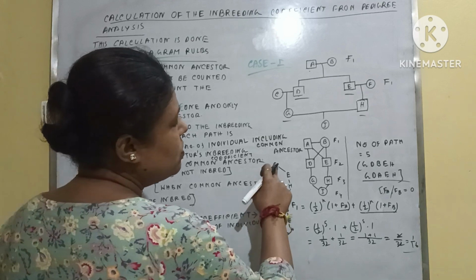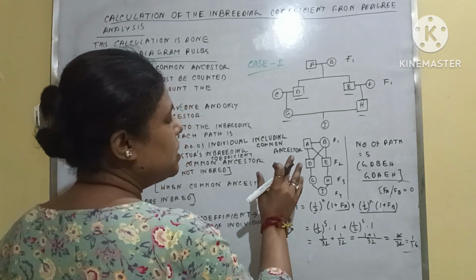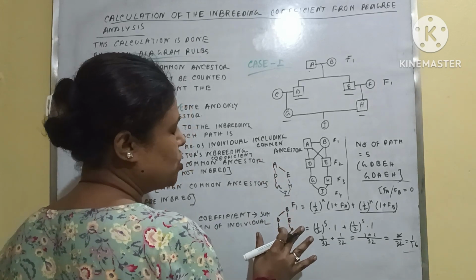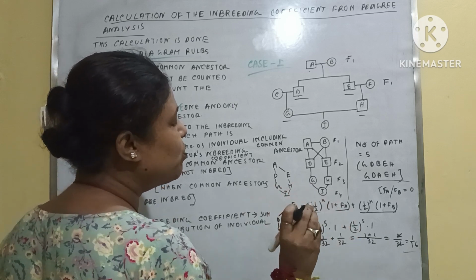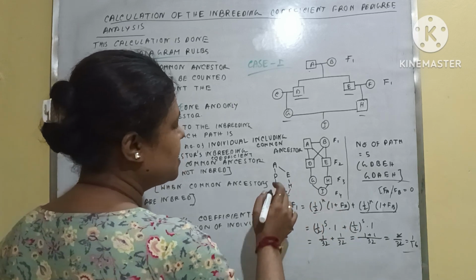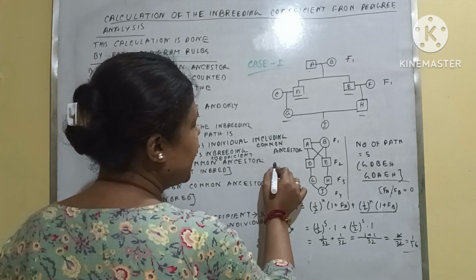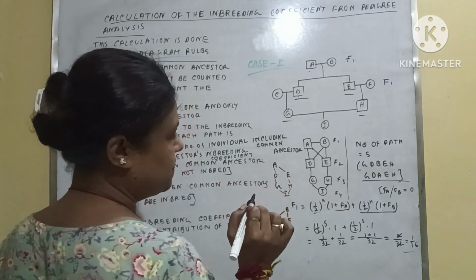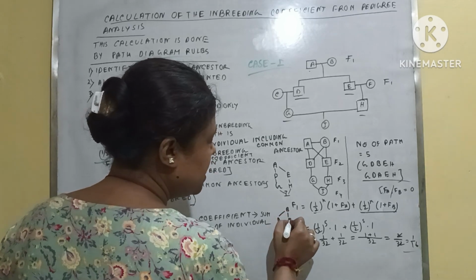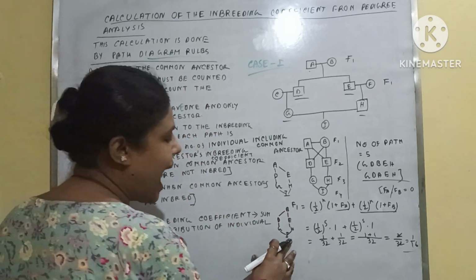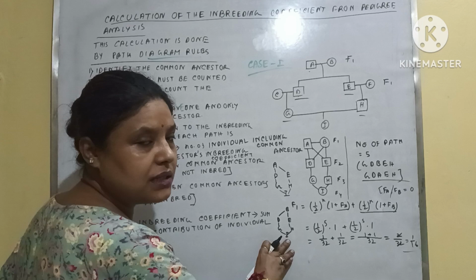So if you just observe this path route, then you can identify the 5 individuals, all directly connected: G, D, A, E, H and G, D, B, E, H. Why have we not taken this I?